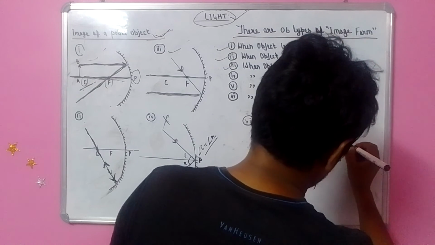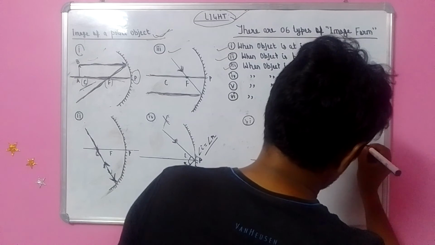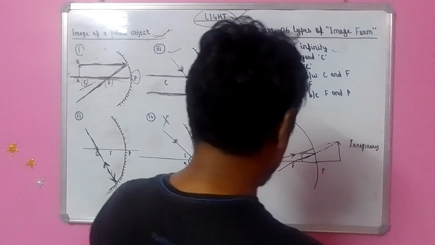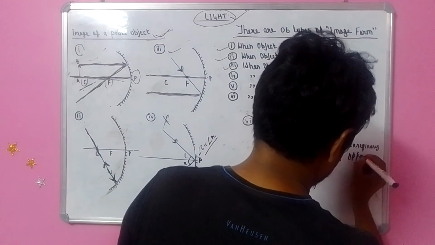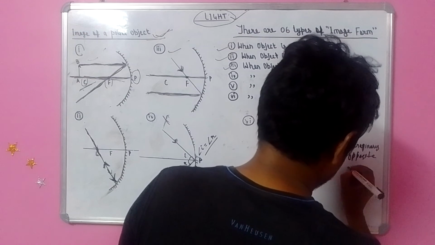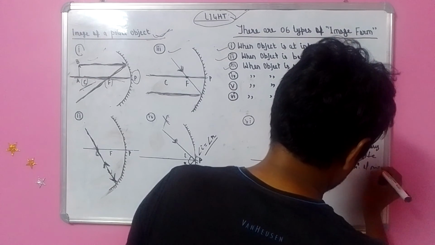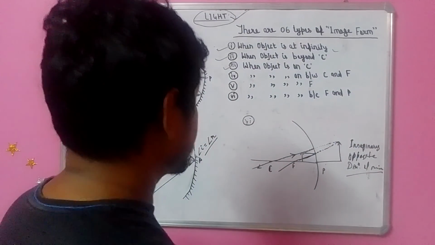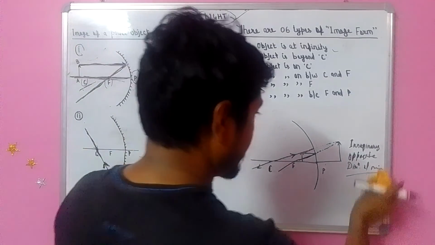So the image will be imaginary, in the opposite direction of the mirror. These are the 6 points which we have to study in the light chapter.